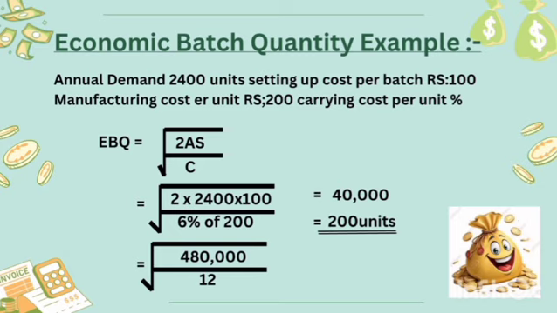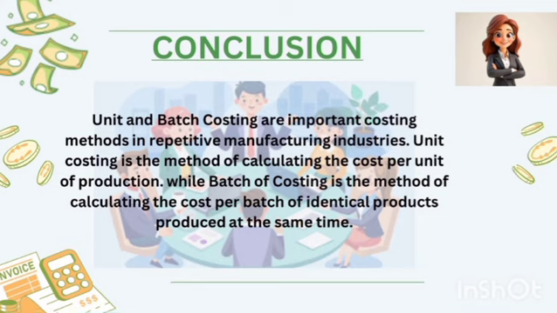Next, Sachini will present our conclusion. Conclusion. Unit and batch costing are important costing methods in repetitive manufacturing industry. Unit costing is the method of calculating the cost per unit of production, while batch costing is the method of calculating the cost per batch of identical products produced at the same time.